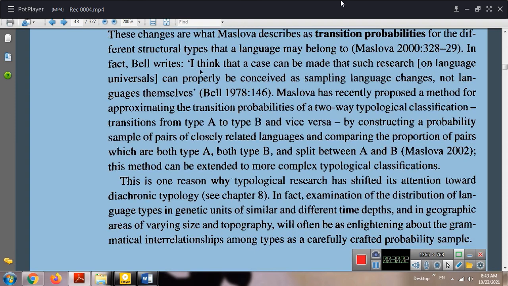In fact, Croft writes, I think that a case can be made that such research on language universals can properly be conceived as sampling language changes, not languages themselves.